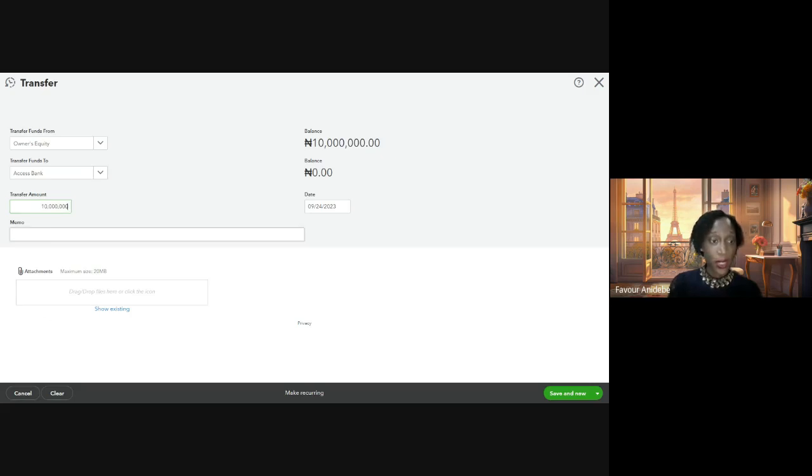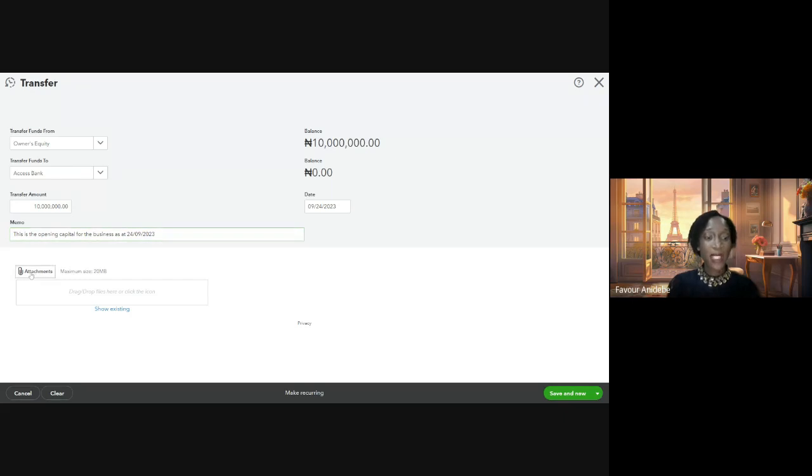So once I transfer 10 million naira, I'll say this is the opening capital for the business, as at today's date, 24/09/2023.